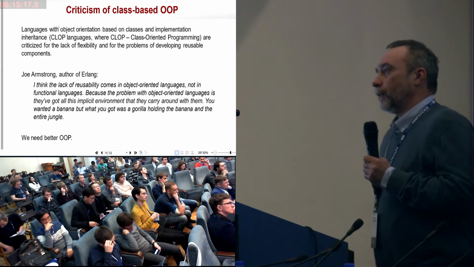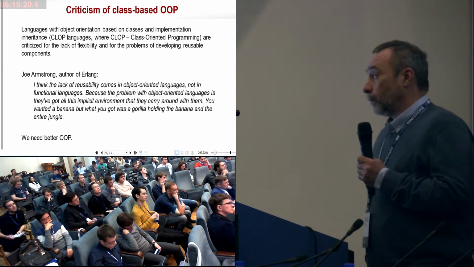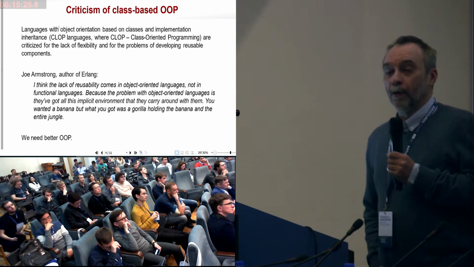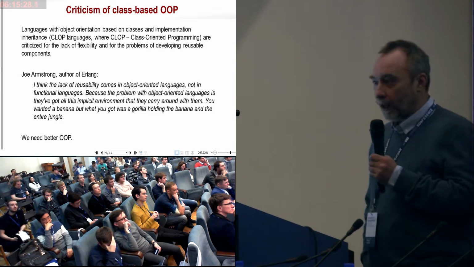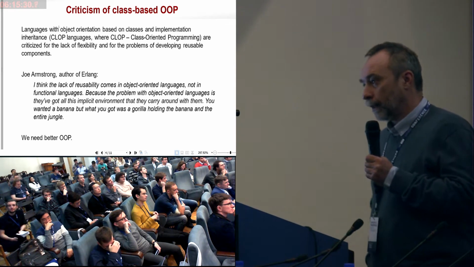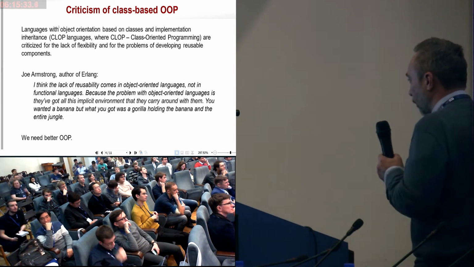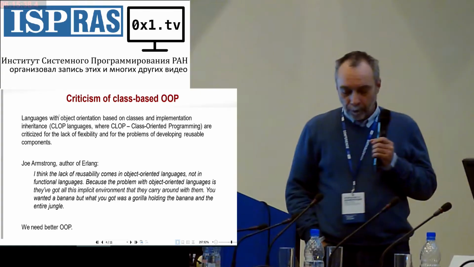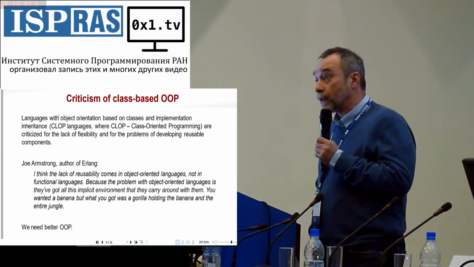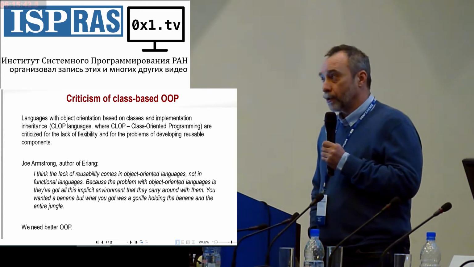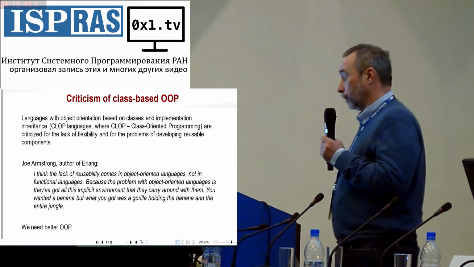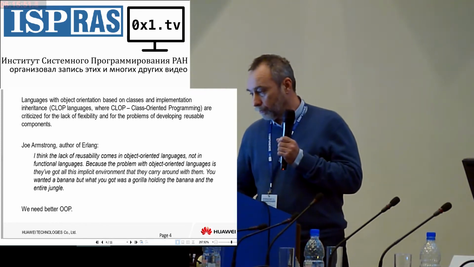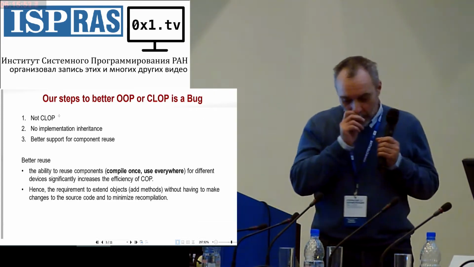He said that object orientation leads to the fact that if you want a banana, then on top of the banana there will be a jungle, there will be a gorilla that holds the banana and the jungle. What does it mean? It means that any reuse of OOP components or classes leads to a big number of interdependencies embedded in the software. And actually this is the thing that we need to prevent.